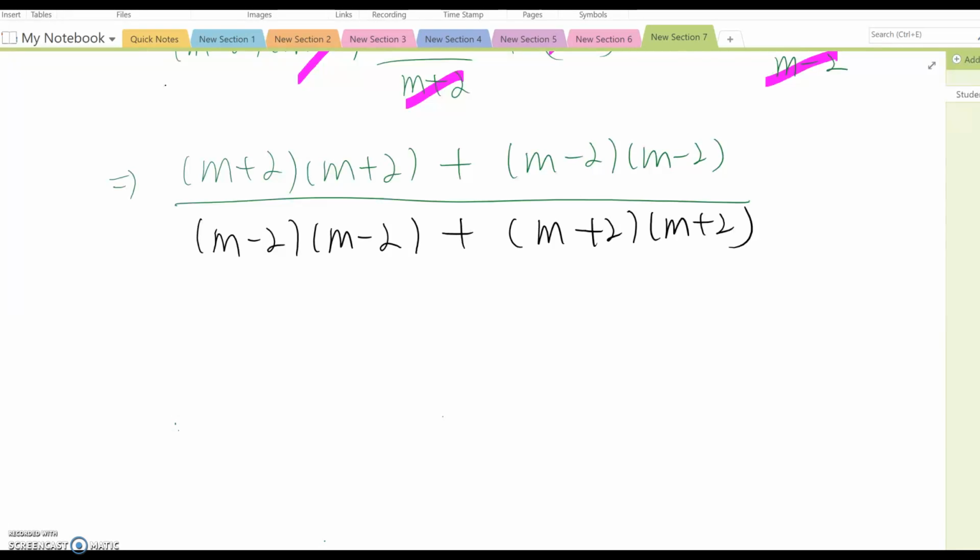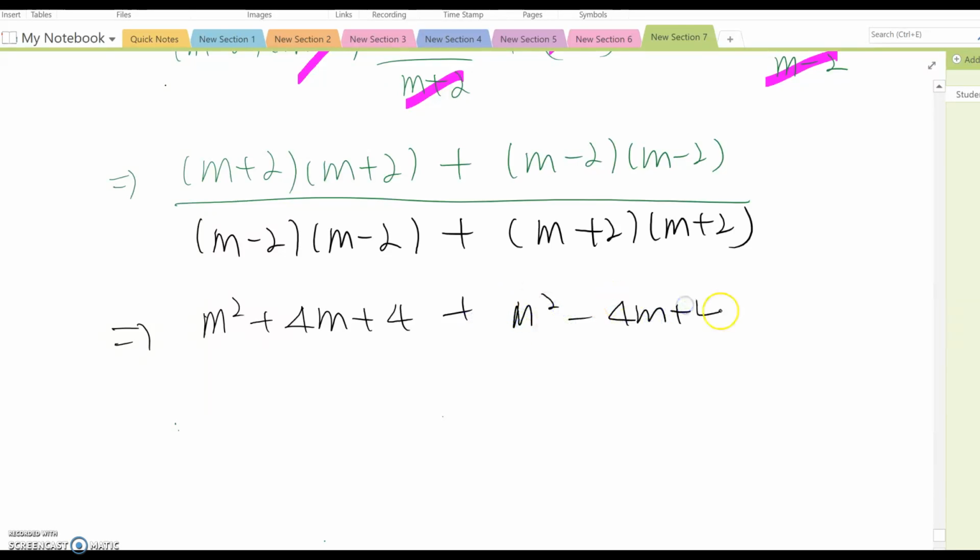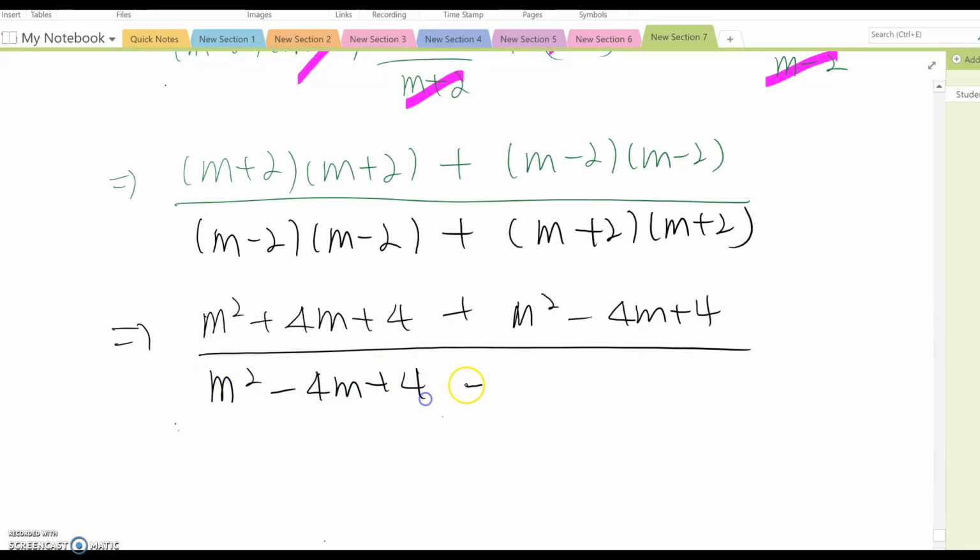you multiply and then combine all terms, then it's going to be m squared plus 4m plus 4 plus m squared minus 4m plus 4, over m squared minus 4m plus 4 plus m squared plus 4m plus 4, and this to cancel out.